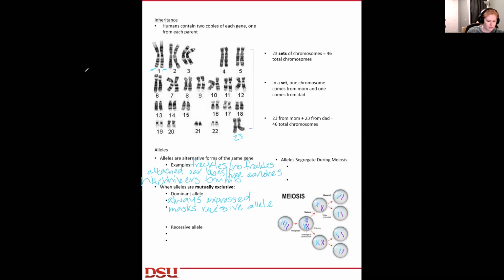A recessive allele is only expressed if there are two copies of the recessive allele. Both copies have to be present or you're not going to see that trait or that disorder. And it's always masked by the dominant allele.